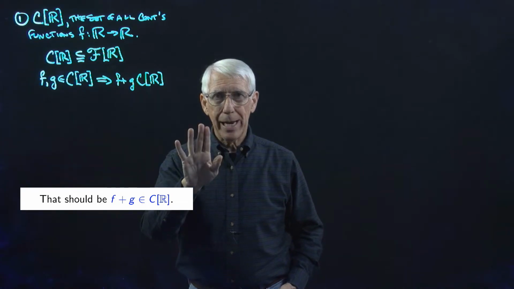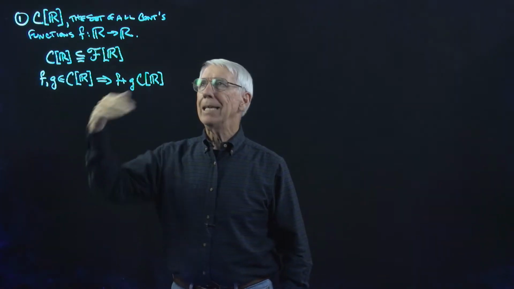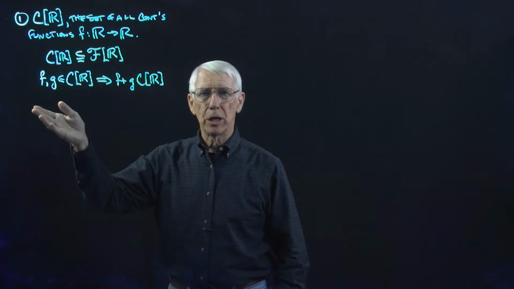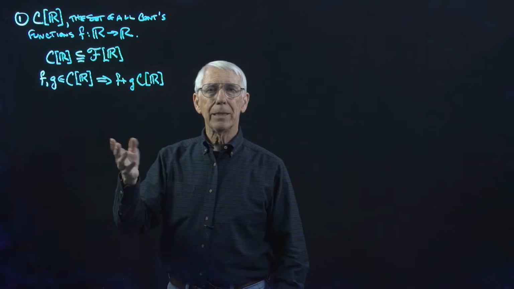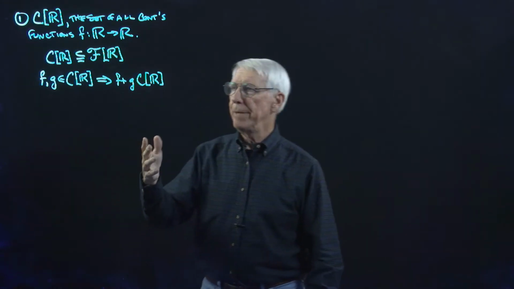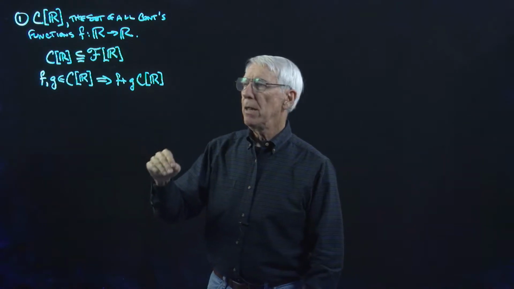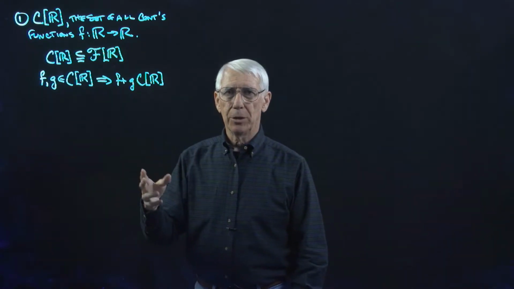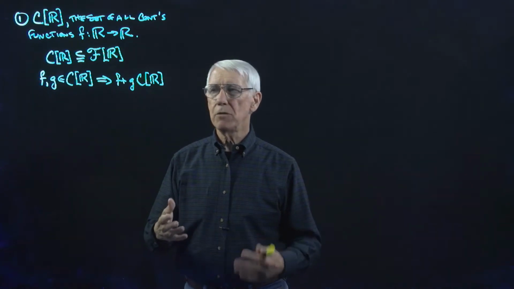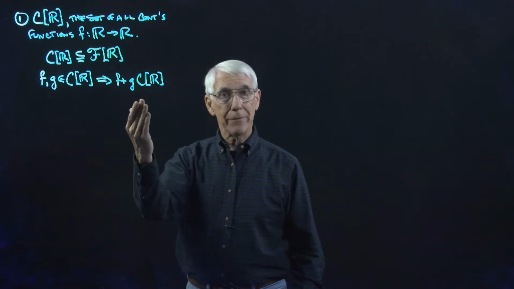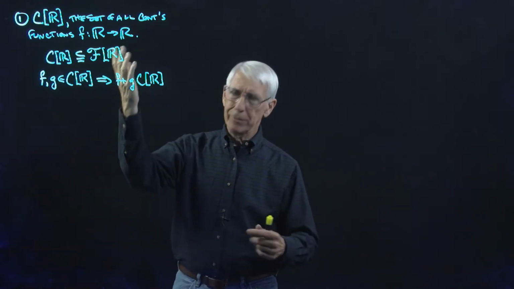To put it another way, the sum of any two continuous real functions is itself a continuous real function. That's something you probably encountered maybe even in your first calculus course, a theorem that said the sum of any two continuous functions is itself a continuous function. That's what we have to prove here, and if we've already proved it somewhere, we've got that.